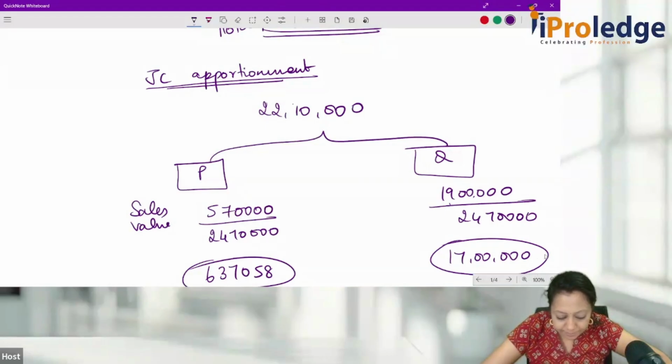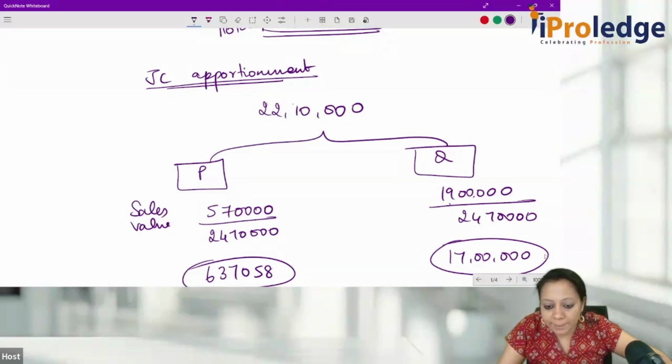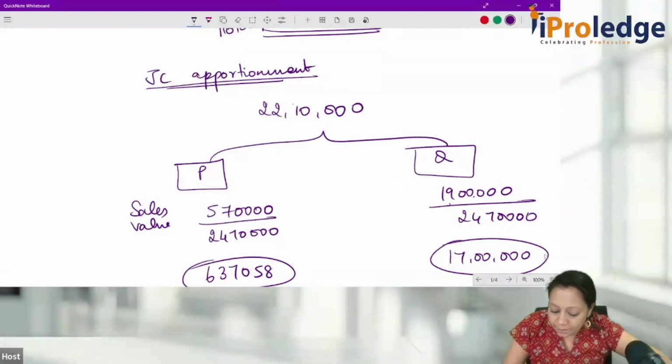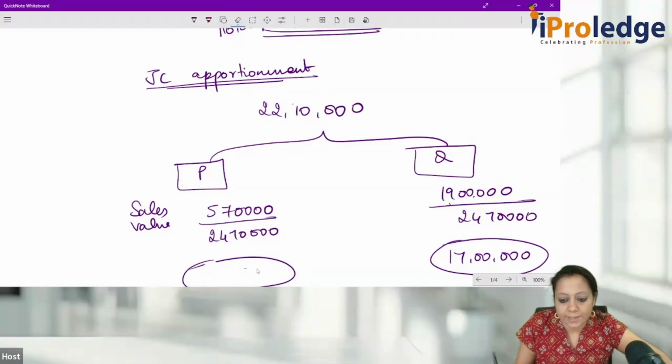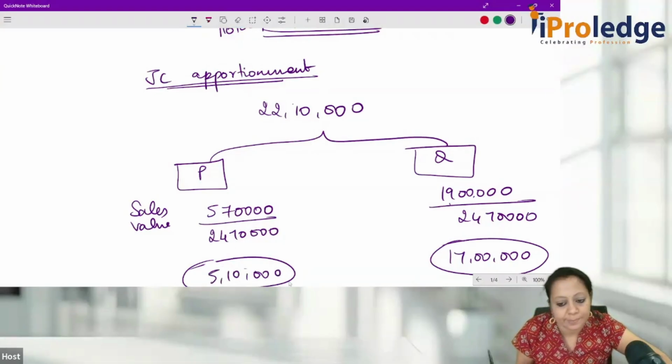Okay, I'll check that again. 22 lakh 10,000 divided by 24 lakh 70,000 into 5 lakh 70,000. 5 lakh 10,000? My mistake. I think I forgot to clear the calculator memory. 5 lakh 10,000.